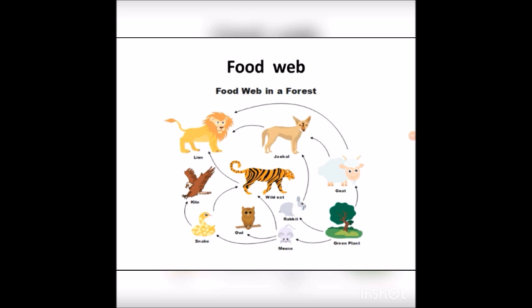Then this mouse is eaten by the snake and the owl. Then the rabbit is eaten by the jackal, and the goat is eaten by either the jackal or the lion.